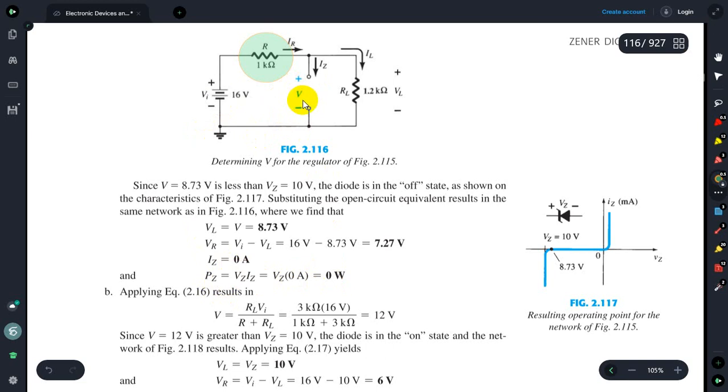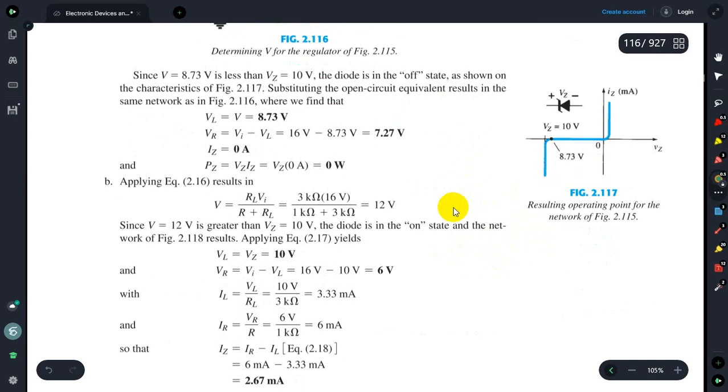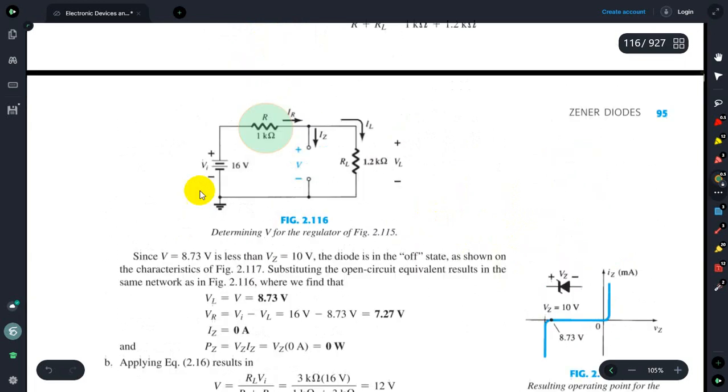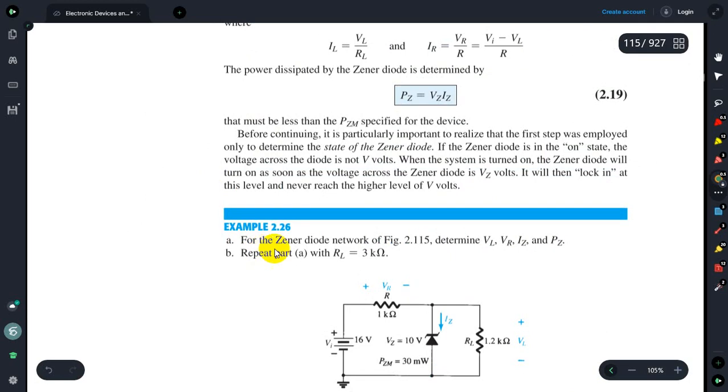When the applied voltage is greater than or equal to VJ, we apply equation 2.16.